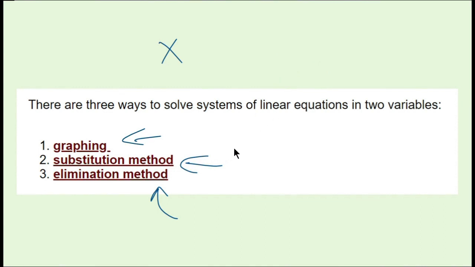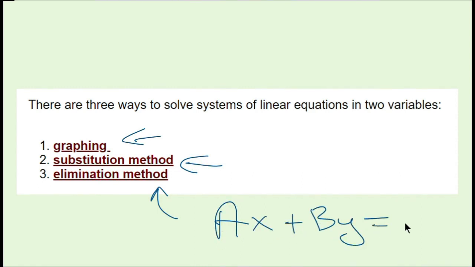And we said we can use the elimination method when we have harder problems because it makes it easier for us to eliminate something, and therefore get rid of either x or y. So the elimination method is basically useful when you only need one variable like y or like x, and when you have a system in the form ax plus by is equal to c.